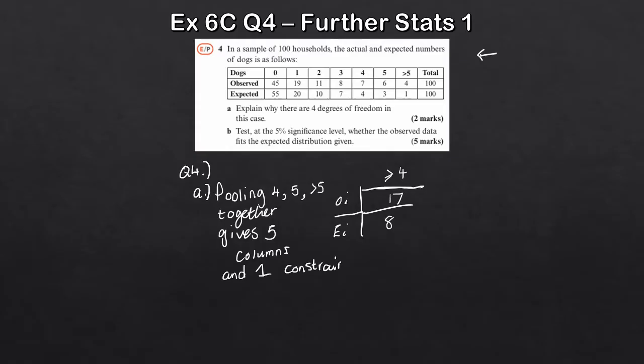So therefore, 5 minus 1 gives us 4, which is our degrees of freedom there. Okay, so that's your degrees of freedom. So that's part A done.